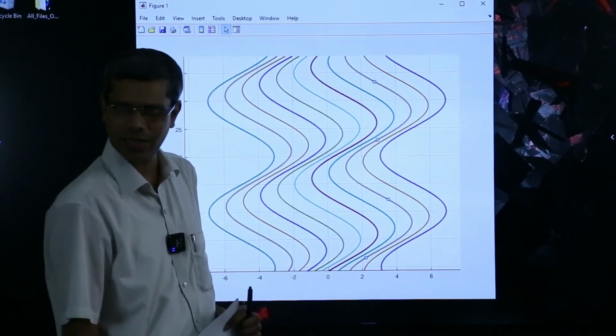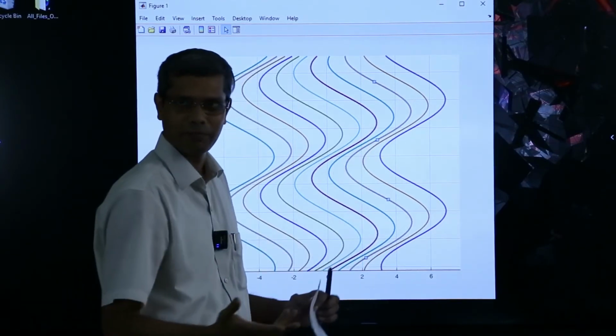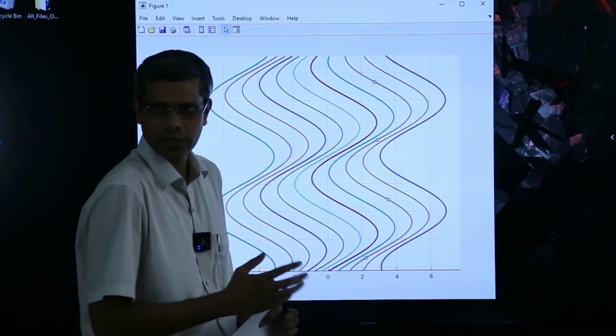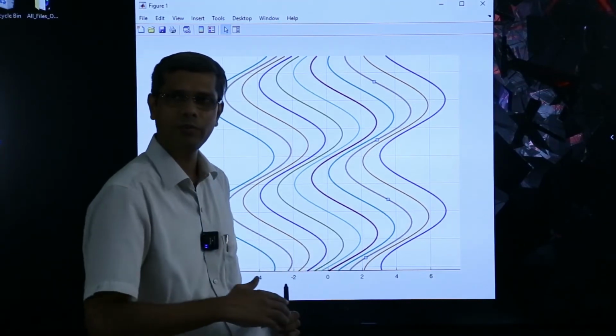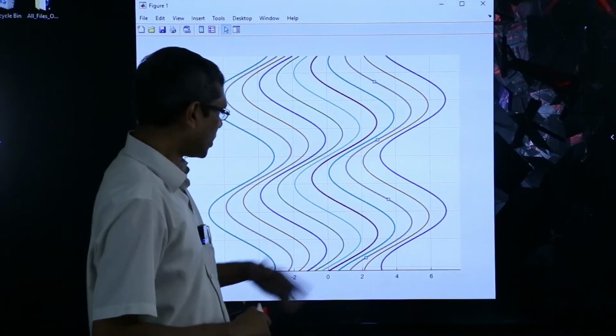And similarly the acceleration is the rate of change of those slopes over time. So that is the Eulerian way of thinking about velocity, displacement and acceleration.